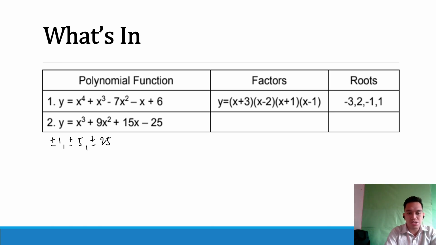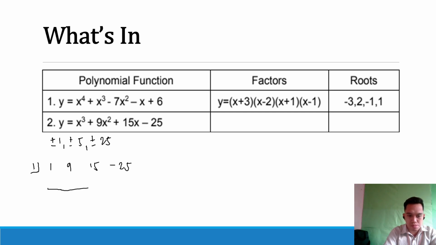Now we can use synthetic division to find the real root of our polynomial function. Let's try to use positive 1 first. We can list down here the coefficients of our polynomial function: 1, 9, 15, and negative 25.